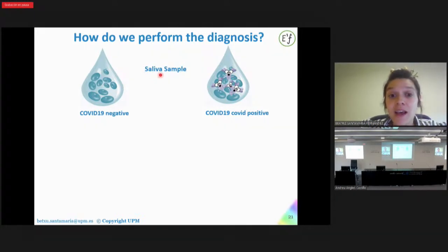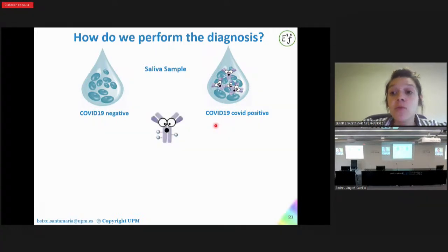If we take a saliva sample, a person who is negative for COVID will have the saliva and all the proteins that the saliva has in this sample, but not antibodies against this disease. However, a person who has been positive for COVID will have several antibodies. Because we want to detect these antibodies, the antibodies will be our biomarkers.